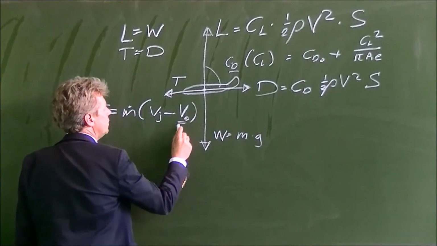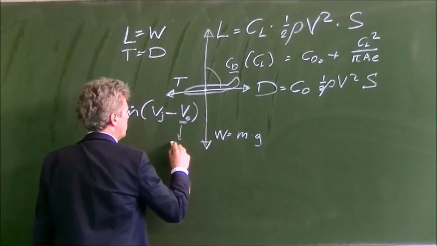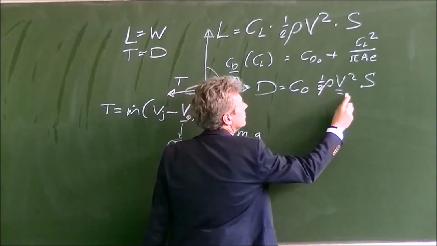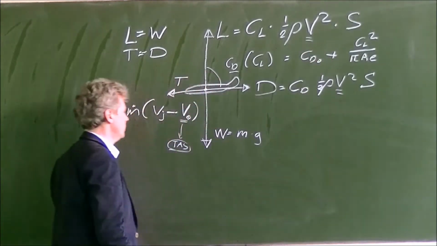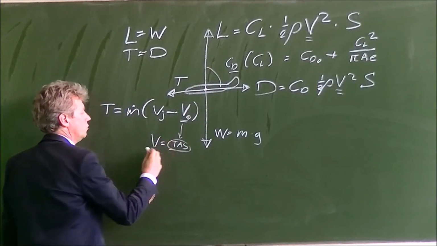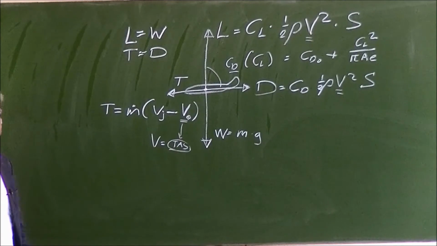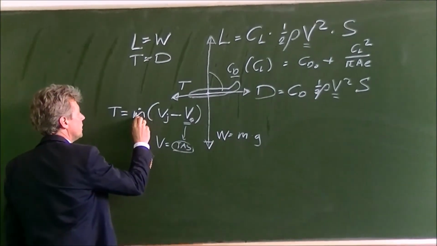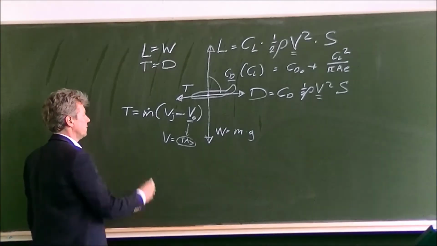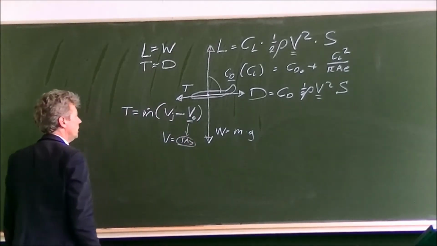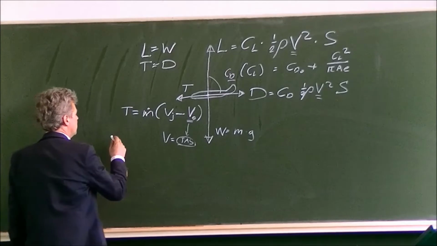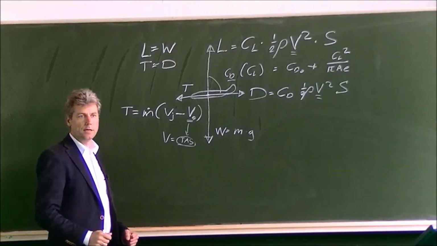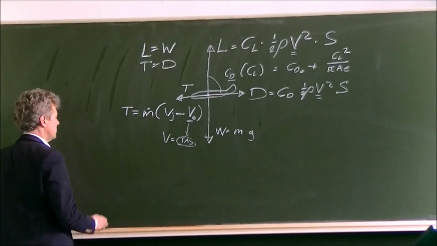And this initial speed, of course, is basically the true airspeed, which you also use in these equations, the V. If you just have the V for velocity, this is the true airspeed. Well, for this mass flow, there are other ways to find it except for this one. And that is, for instance, by using the diameter of the engine inlet and the speed and the density.